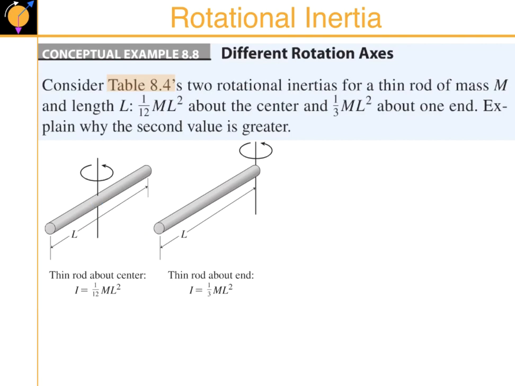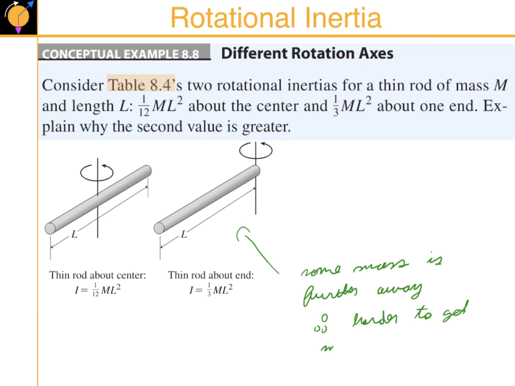If you were to grab a long stick and try to spin it around one end, it takes more energy than spinning it through its center of mass. So the big difference is that some mass is further away, and so it's harder to get moving. That's why I is larger for that one.